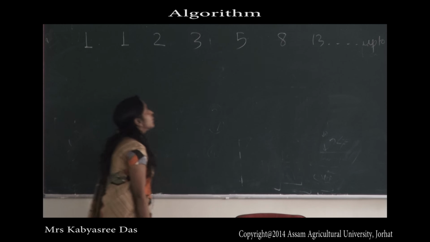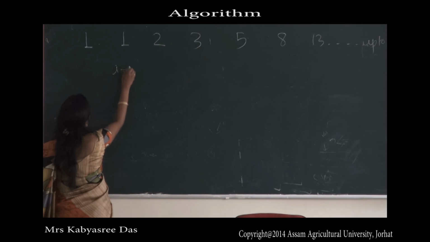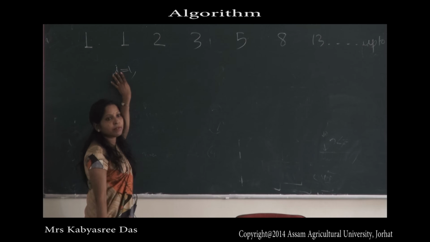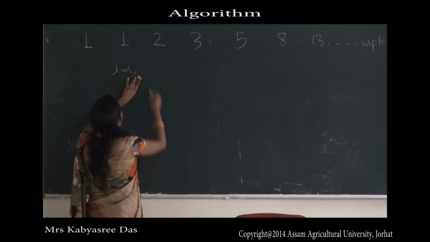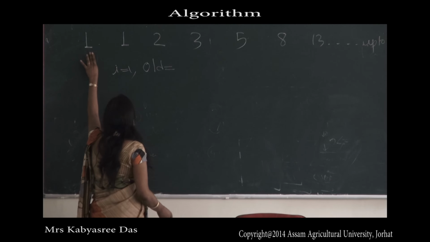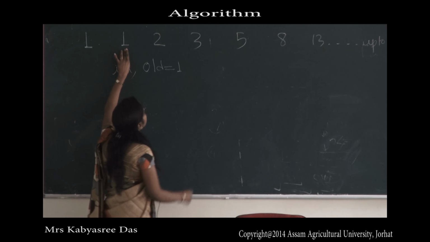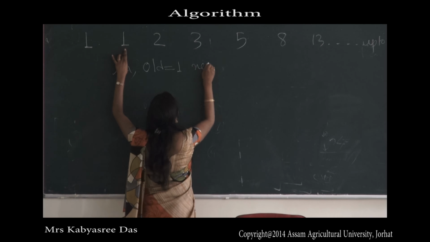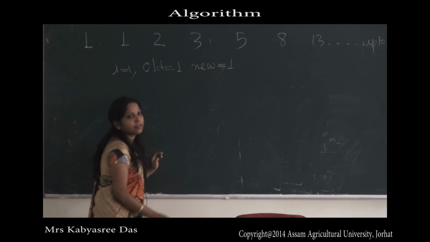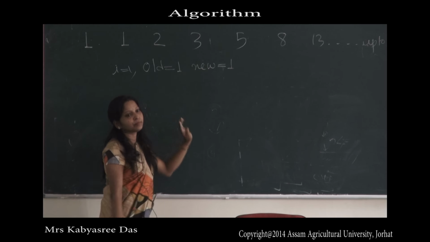For this, you have to take 3 variables. One is I, which is equal to 1, always there, for counting the number of terms. So you take one more, old, and initialize its value to 1. You take another variable, new, and initialize its value to 1. I, old and new.